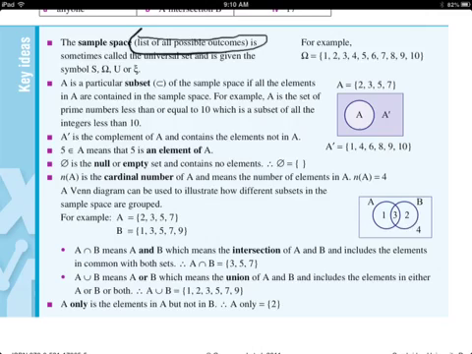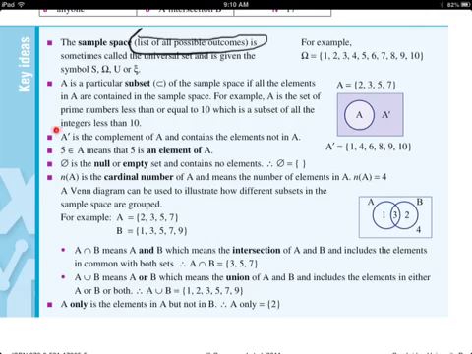So in other words, if the number meets the conditions that define A, it's in the set. So they tell us, for example, A is the set of prime numbers less than or equal to 10, and that means that it's a subset of all integers less than 10. So A in this case is the prime numbers, and we have 2, 3, 5 and 7.